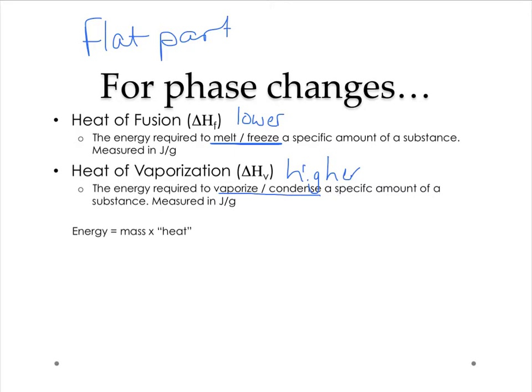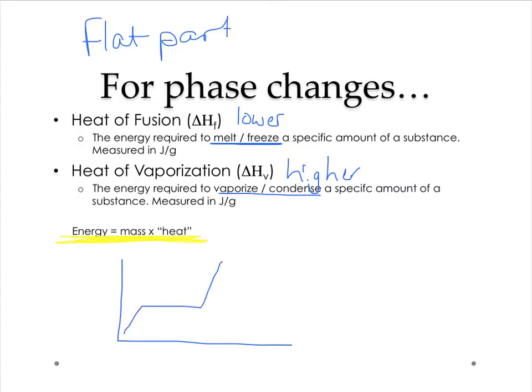To calculate this, we have the energy equals mass times heat, and heat is this heat of fusion or heat of vaporization. It is important for you to realize that in different areas of that graph, we use different heats.